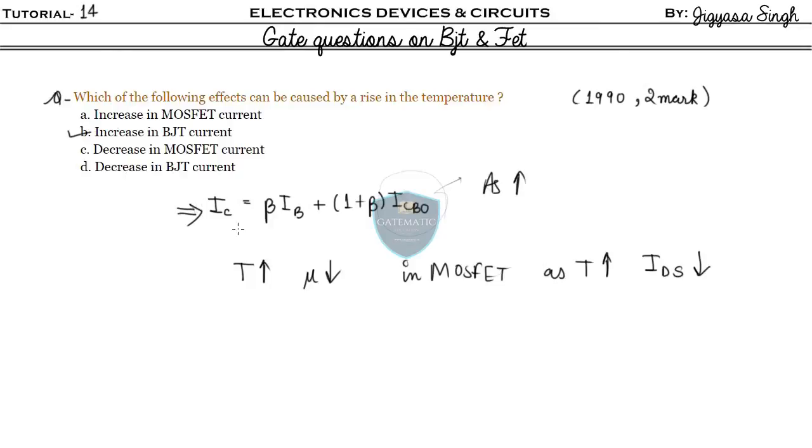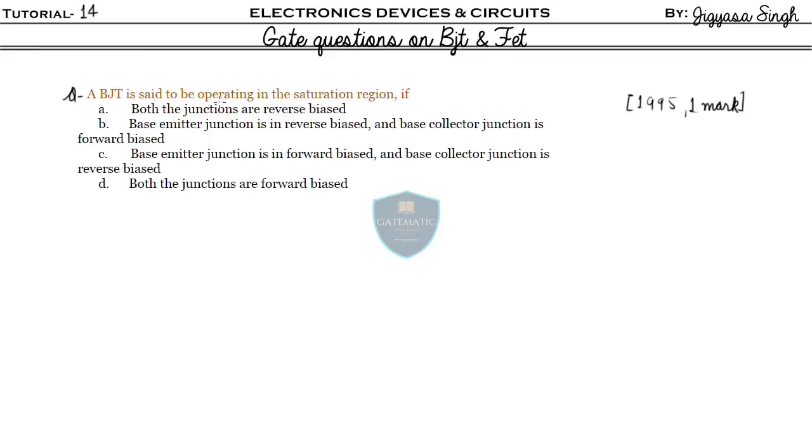So from case number 1 and case number 2, both B and C are correct. Next: a BJT is said to be operating in the saturation region if both junctions, JE and JC, are forward biased, right? This was the table, so the answer is D.